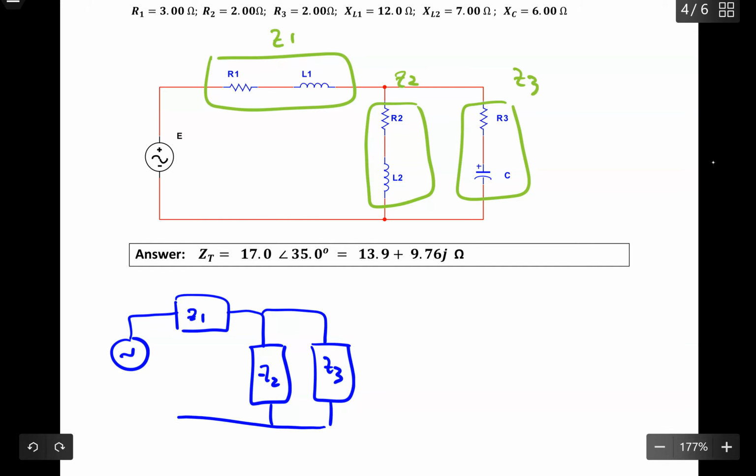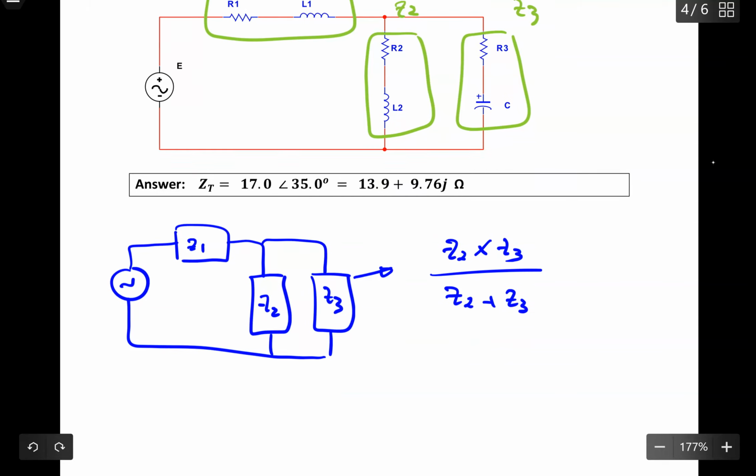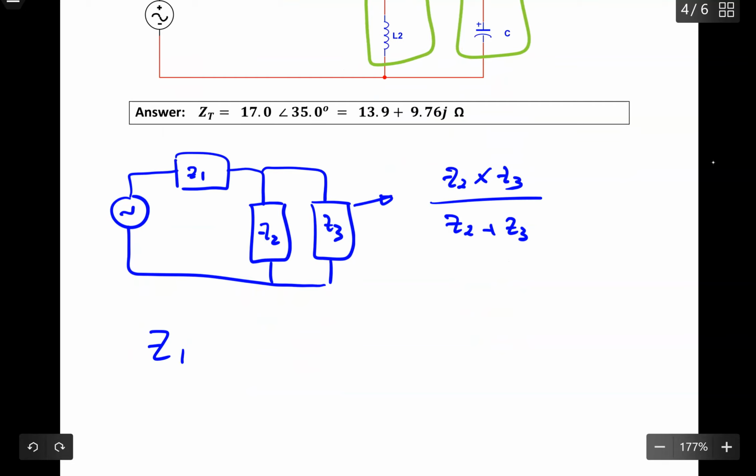Again, these two I can use the product over the sum, and then my Z total will be equal to Z1 plus these two parallel to each other.